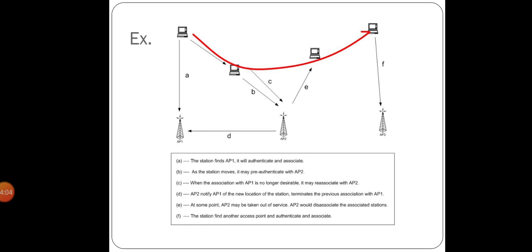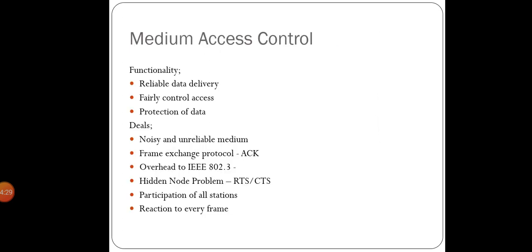And D, AP2 notifies AP1 of the new location of the station that terminates the previous association with AP1. And E, at some point AP2 may be taken out of service. AP2 would disassociate the associated stations. And the last one, F, the station finds another access point and authenticates and associates.